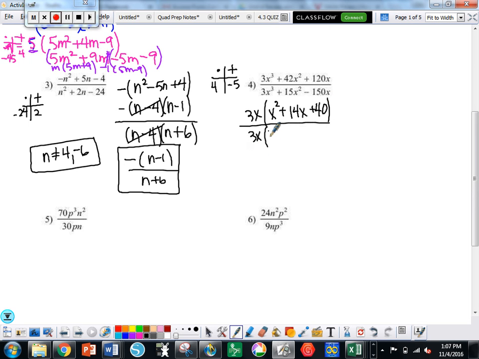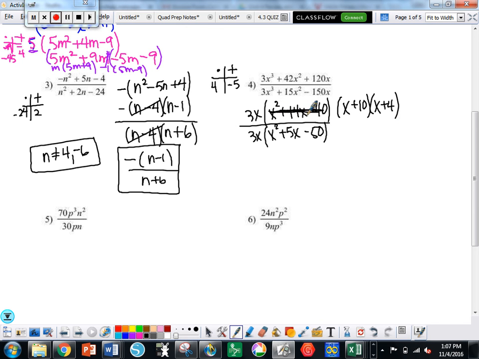We have x squared plus 5x, sorry, I left it minus 50. Okay, let's factor this. I'm going to have an x, multiply to 40, add to 14, x plus 10, x plus 4.